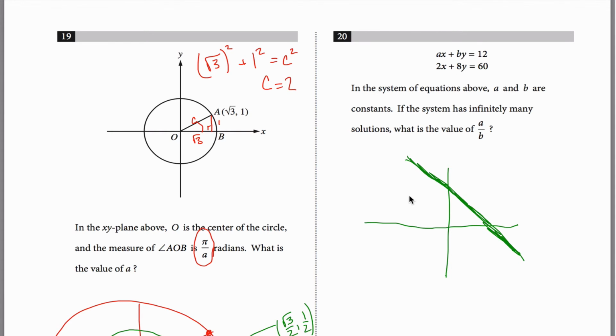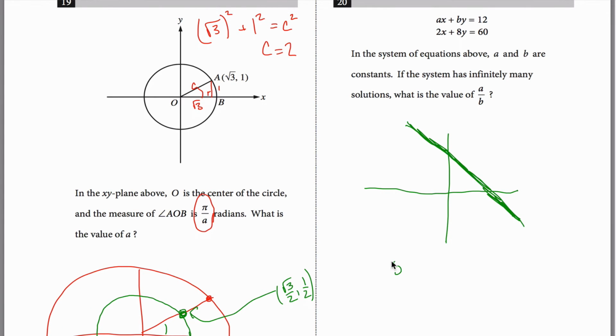Well, the easiest way to figure it out is to scale the first line by 5. Instead of ax plus by equals 12, I could write 5ax plus 5by equals 60. All I did is multiply both sides of the equation by 5, and the reason I did that is because then I'd have a 60 here and here. So if this equals 60 and my bottom line equals 60, I got 2x plus 8y.